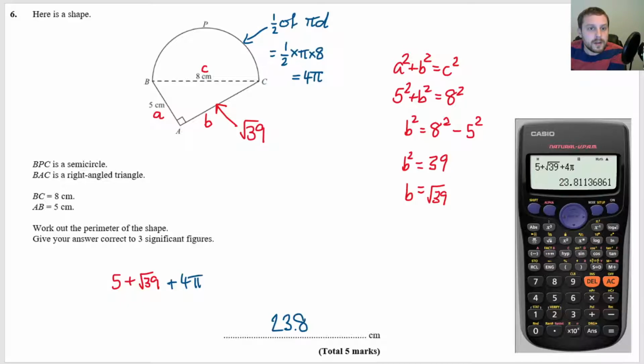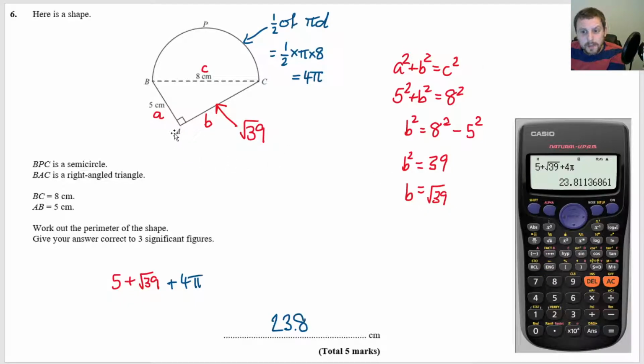So that's definitely the correct question 6. And if I scroll down, yeah, they've got the wrong thing in the mark scheme. So that's a shame. We can't check straight away if that's definitely correct, but I'm pretty sure it is.